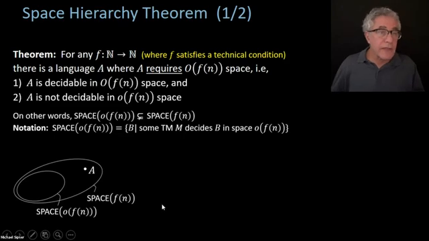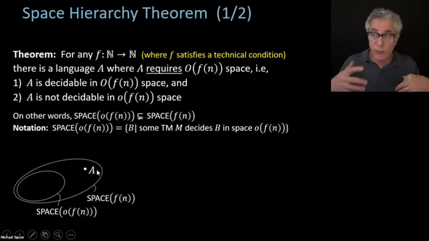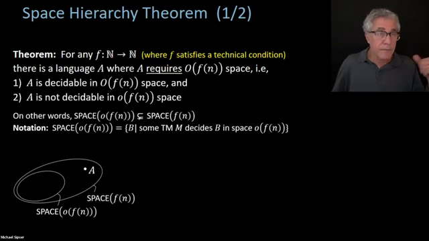Now, you can think of this as a little bit like the situation for context-free languages and regular languages, where we exhibited a particular language that was context-free but not regular. We're going to do the same thing now. But the one key difference is that in separating the context-free and the regular, we could give a nice language like 0 to the k, 1 to the k.